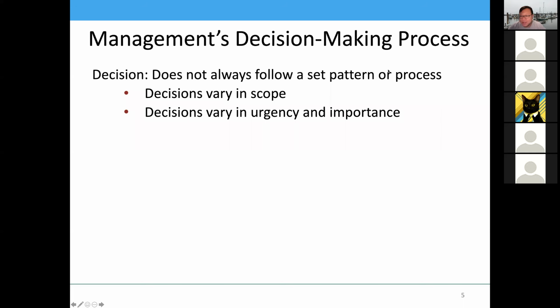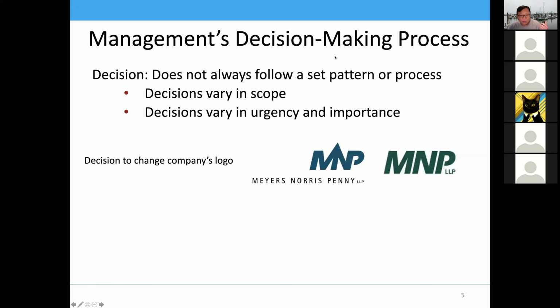So you can see that in a business environment, decisions vary in scope. For example, in Lethbridge, the largest accounting firm is MNP. Nationwide, MNP is in the top 5. But you probably don't know, it used to be called Myers Norris Penny. Did you see this logo on the left side?